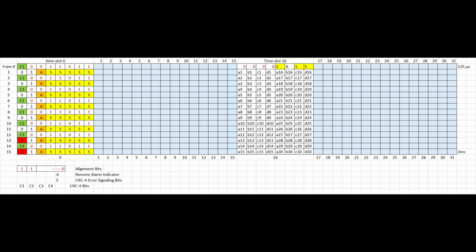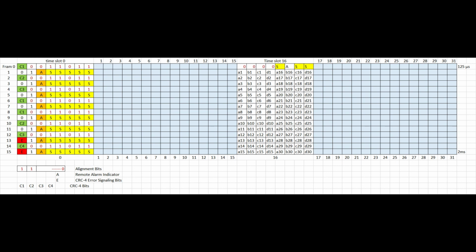Second, channel. E1 is divided into 32 channels, each with a data rate of 64 kbps. Of this, 30 channels are used for voice or data transmission, while 2 channels are reserved for signaling and synchronization.